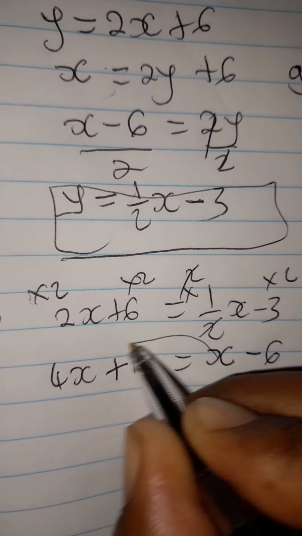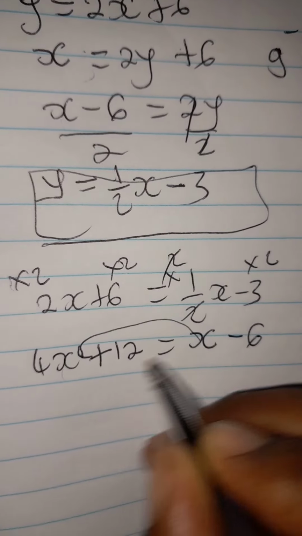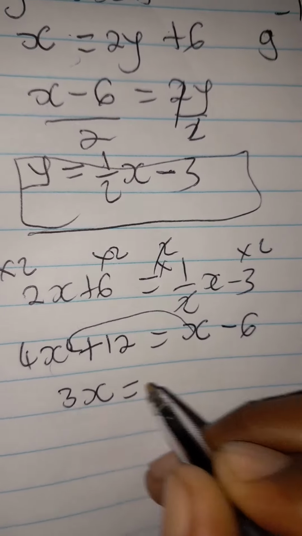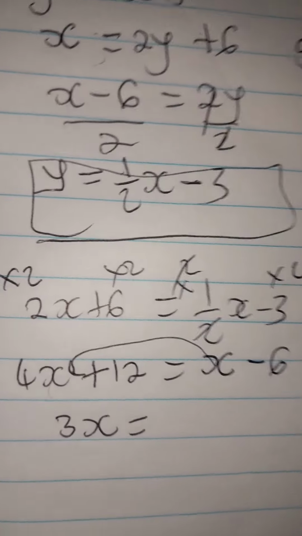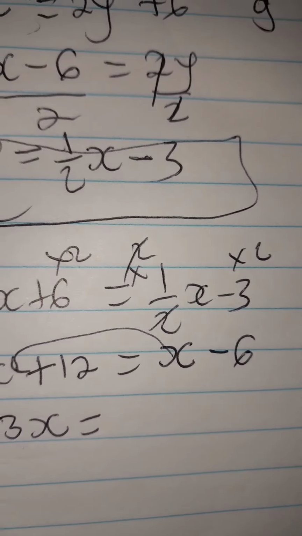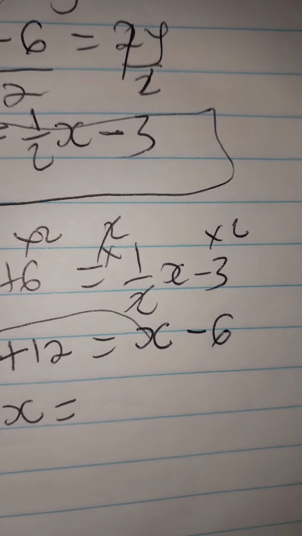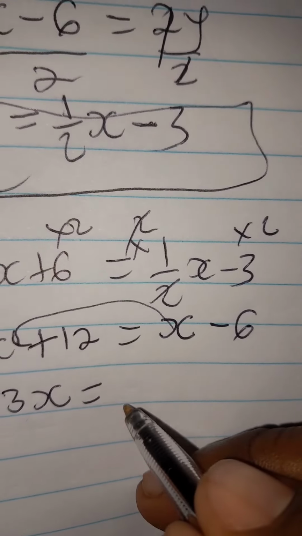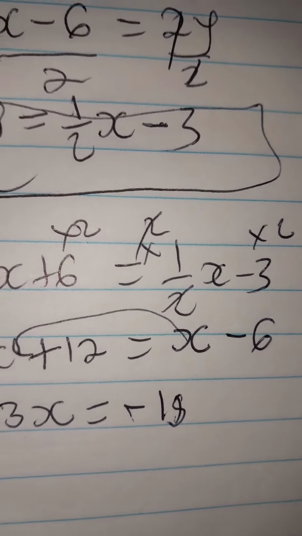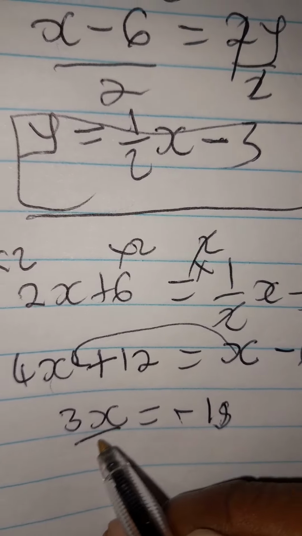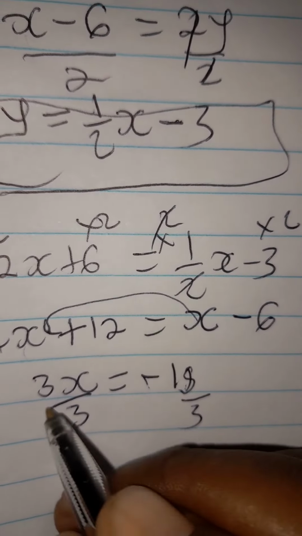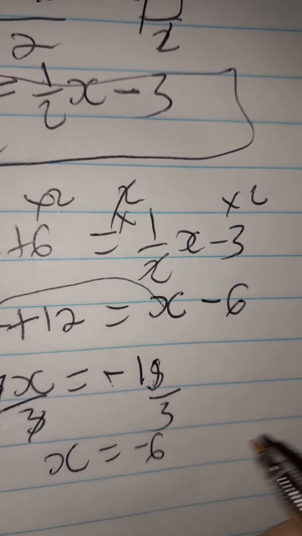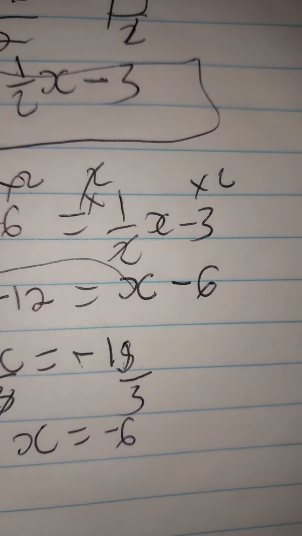Take x to the other side: 4x minus x is 3x. Taking 12 to the other side gives negative 6 minus 12, which is minus 18. Divide both sides by 3. How many times does 3 go into 18? It goes 6 times. So we have x equals negative 6.